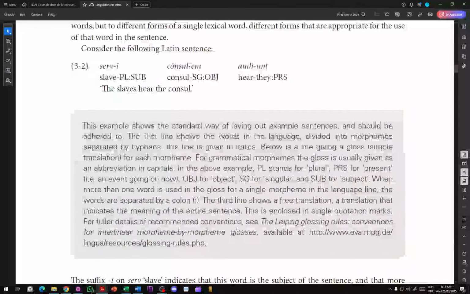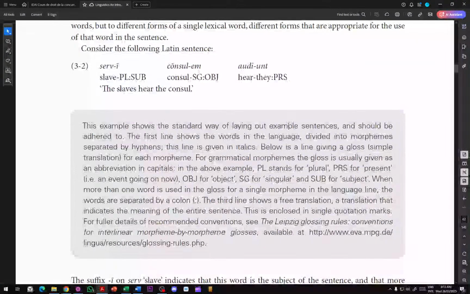This example shows the standard way of laying out example sentences and should be adhered to. The first line shows the words in the language divided into morphemes by hyphens. This line is given in italics.